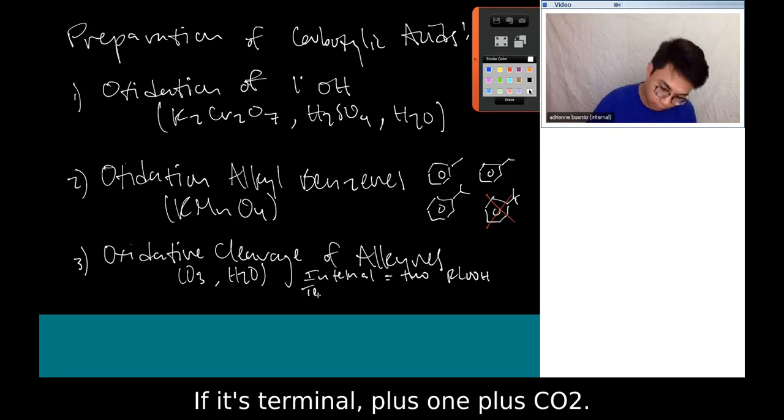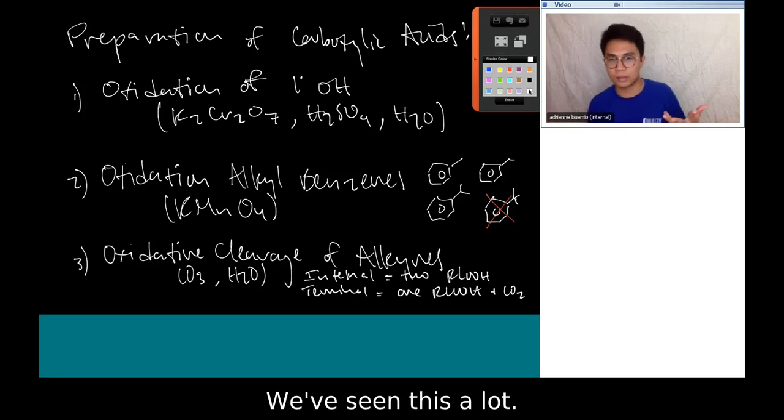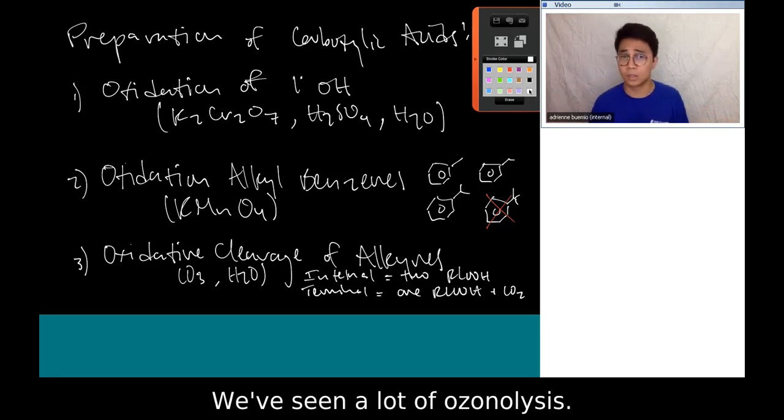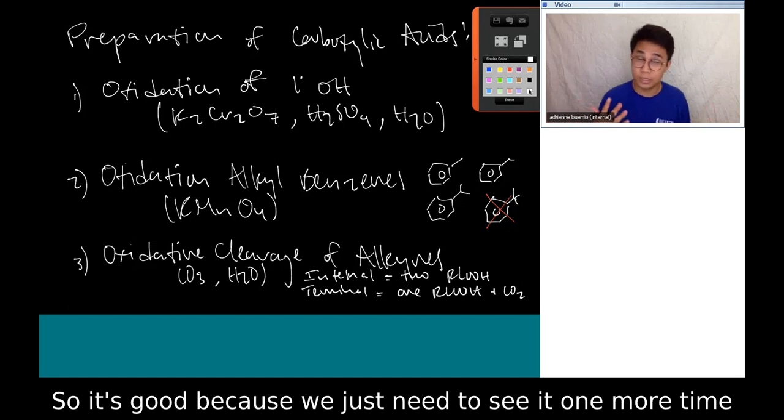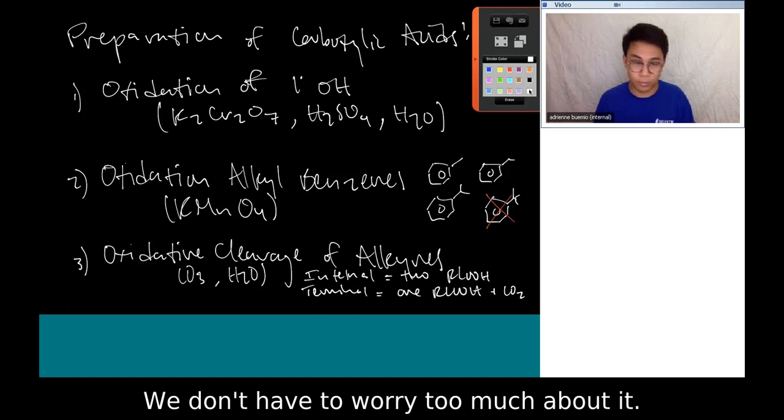If it's terminal, it'll be 1 carboxylic acid plus CO2, right? So same thing. We've seen ozonolysis a lot, right? So it's good because we just need to see it one more time and we're good. We don't have to worry too much about it. Okay, so now to the good part.